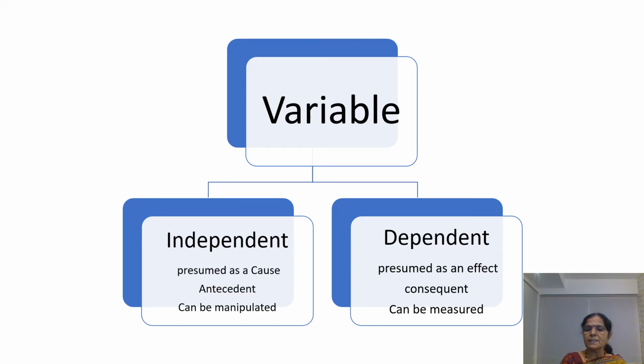Thus he has the control over the independent variable and observe it and measure it. And these factors cause changes in the dependent variables, namely students' performance, which is the effect here, and it can be measured.